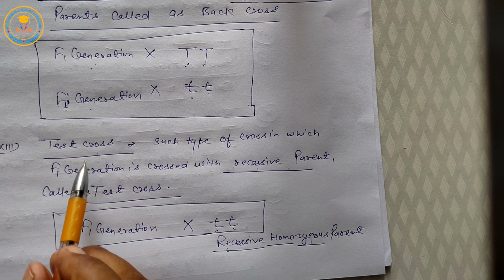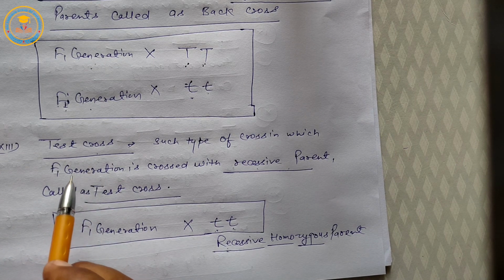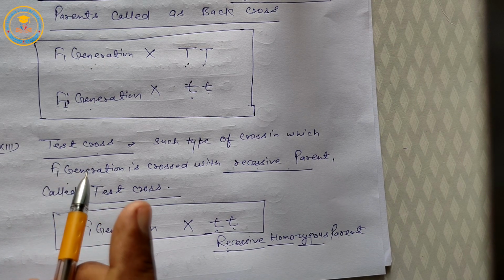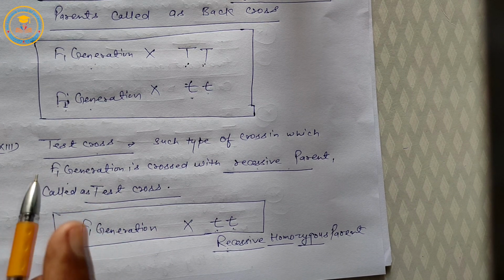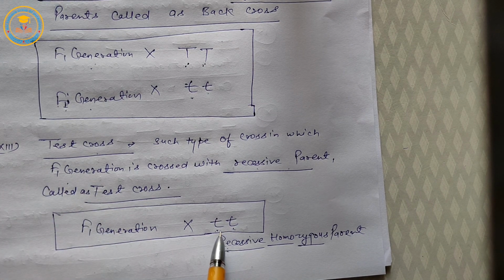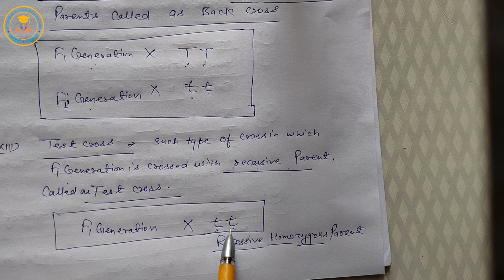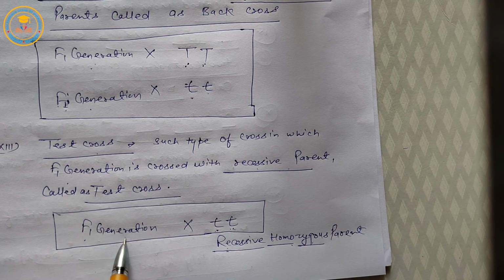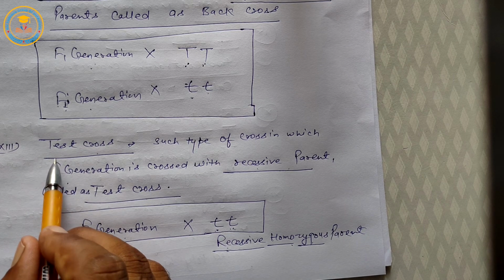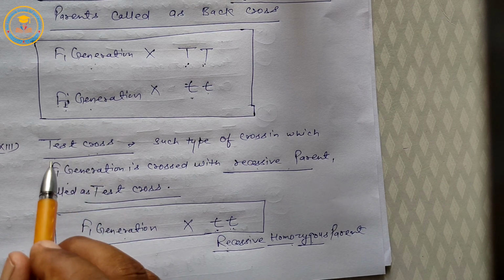Second, test cross: in this type of cross, the F1 generation is crossed with the single recessive parent only. This recessive homozygous parent crossed to the F1 generation is called test cross.